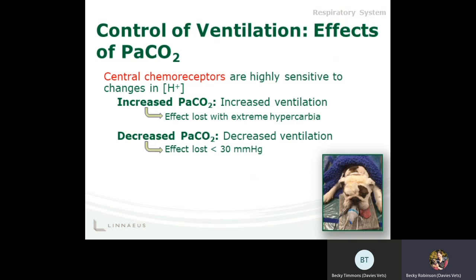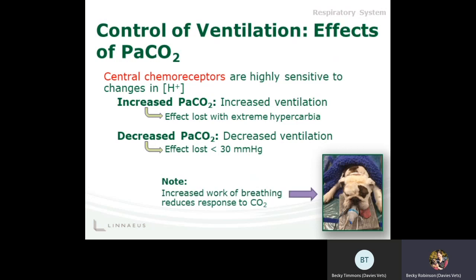On the flip side, decreases in our PaCO2 decrease our alveolar ventilation, although again, this effect ceases at less than 30 millimeters of mercury. There are various factors which can influence the sensitivity of chemoreceptors.